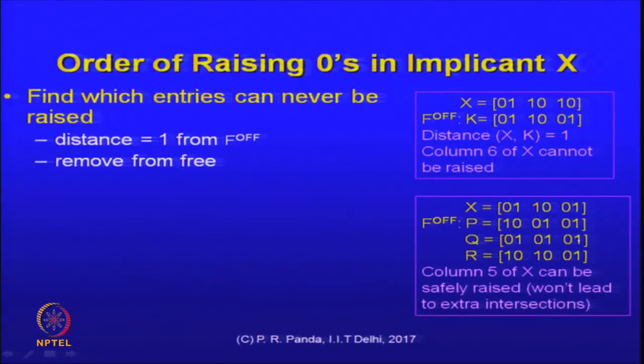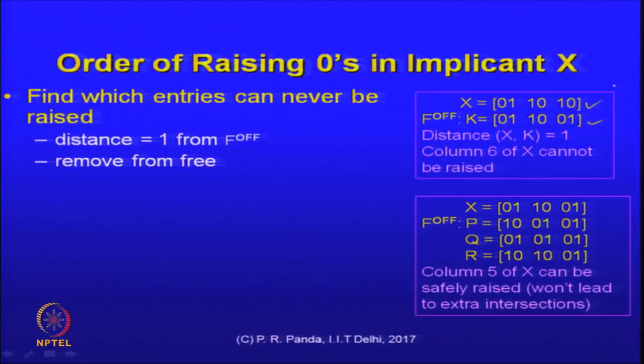Some pruning of the search space can also be done here to reduce the number of choices that we have. For example, first we can find entries that can never be raised. What entries can never be raised? Suppose my offset was this, consisting of 1 cube, and this is the cube under consideration that we are trying to expand.